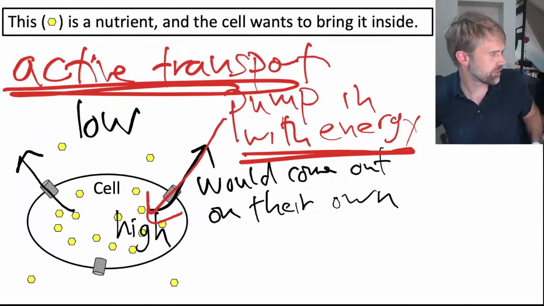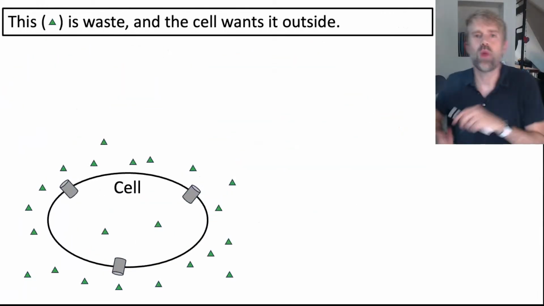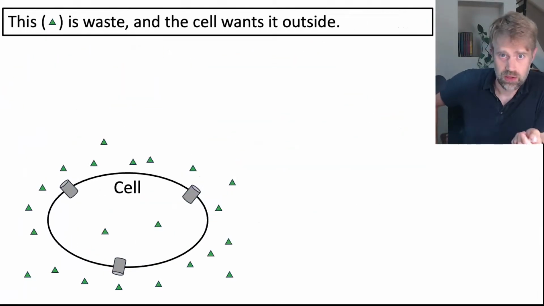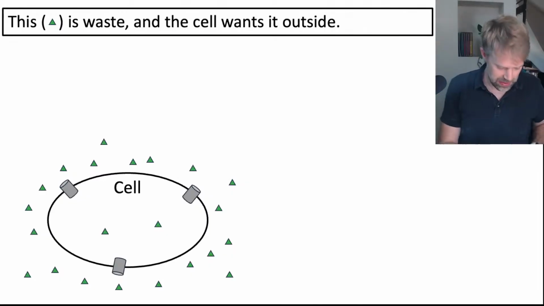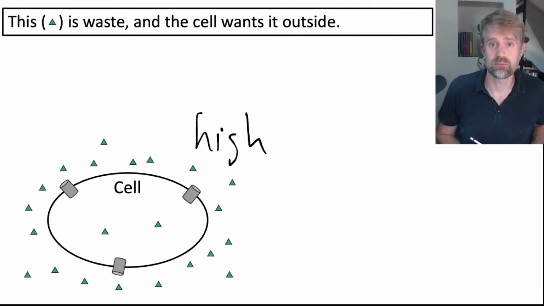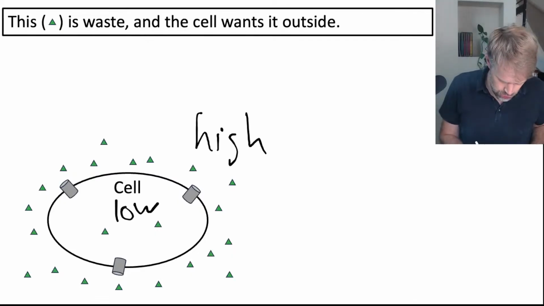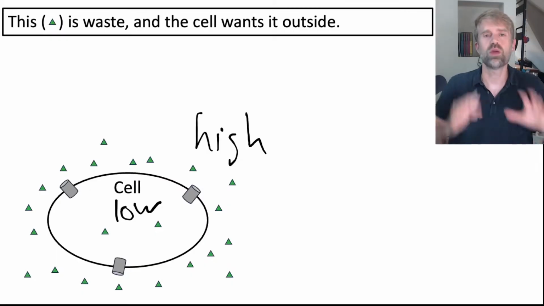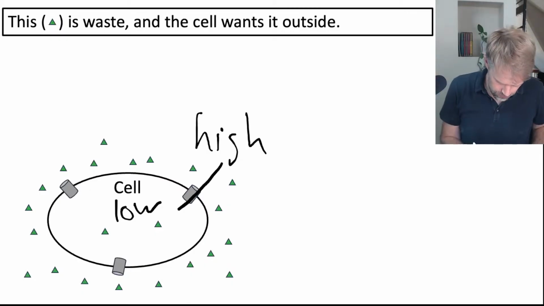Here's another example. Let's imagine this is a waste product here. Okay? This is a waste product. Now, normally, what would happen is we have a high concentration outside the cell. We have a low concentration inside the cell. Without energy, on their own, they would move in this direction.